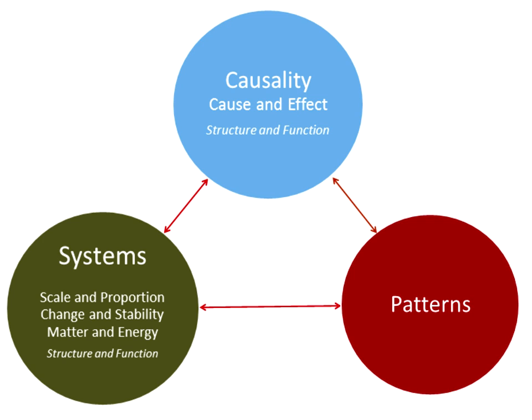The other important idea is that systems are what we're studying. And the cross-cutting concepts of scale, proportion, change and stability, matter and energy, and structure and function fall under that idea of systems. That's how we define our systems. That's how we describe our systems. Systems are described in terms of these attributes of the things in the system.